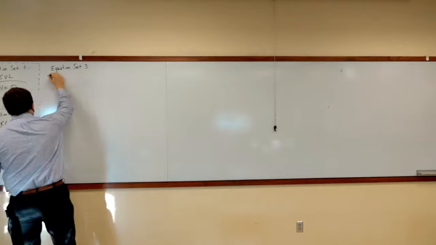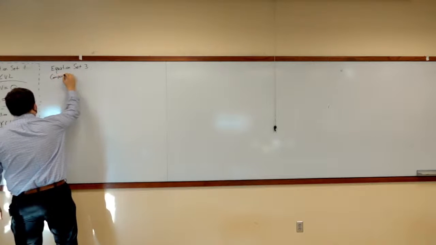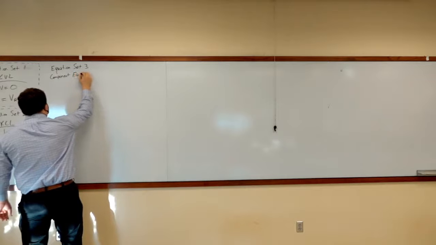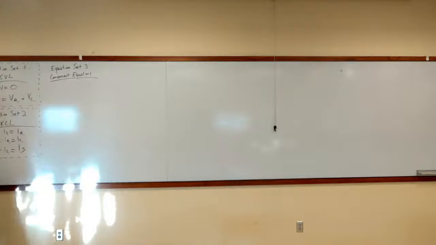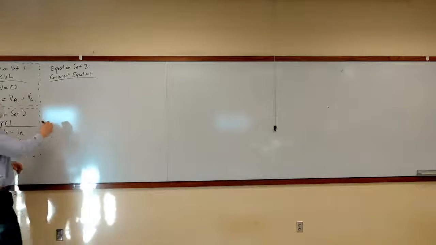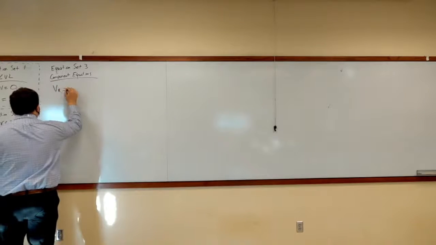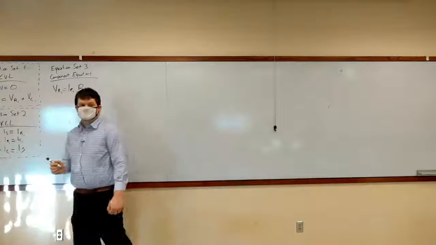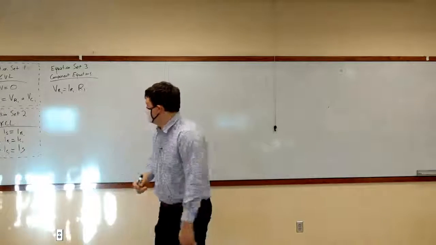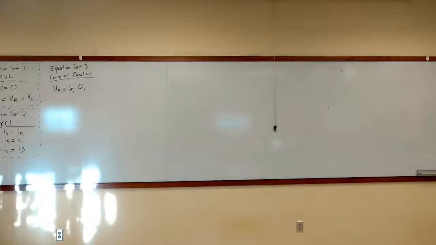We know our individual component equations. This is the relationship between voltage and current inside of each one of these components. Here we have a resistor, which means we're going to need Ohm's law. VR1 is equal to IR1 times R1. Ohm's law. This relationship is true because we know that's how a resistor works.